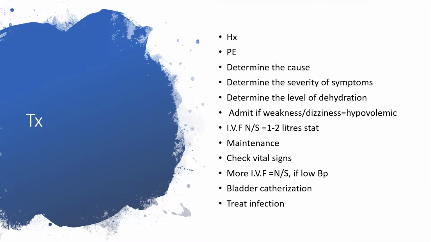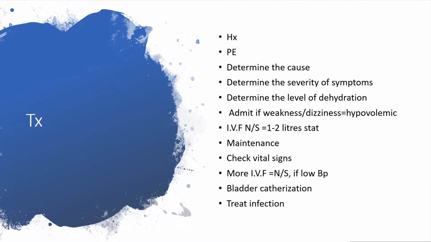We should admit the affected individuals if they are feeling weak or dizzy. Those are pointing to a hypovolemic situation that may lead to hypovolemic shock. You can give intravenous fluid in the form of normal saline or Ringer's lactate. You start with normal saline 1 to 2 liters immediately, and you have maintenance.